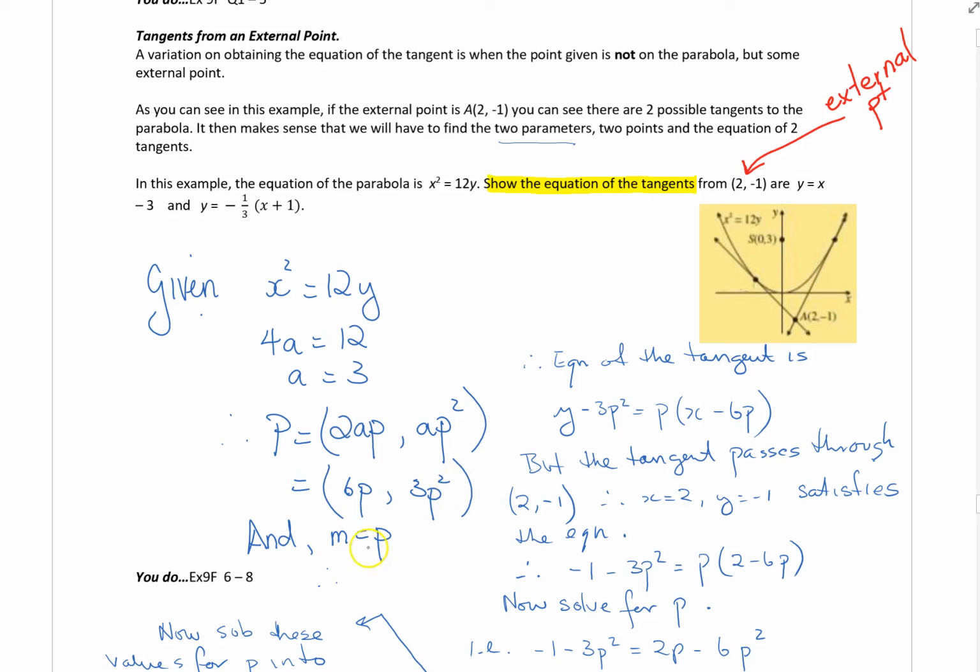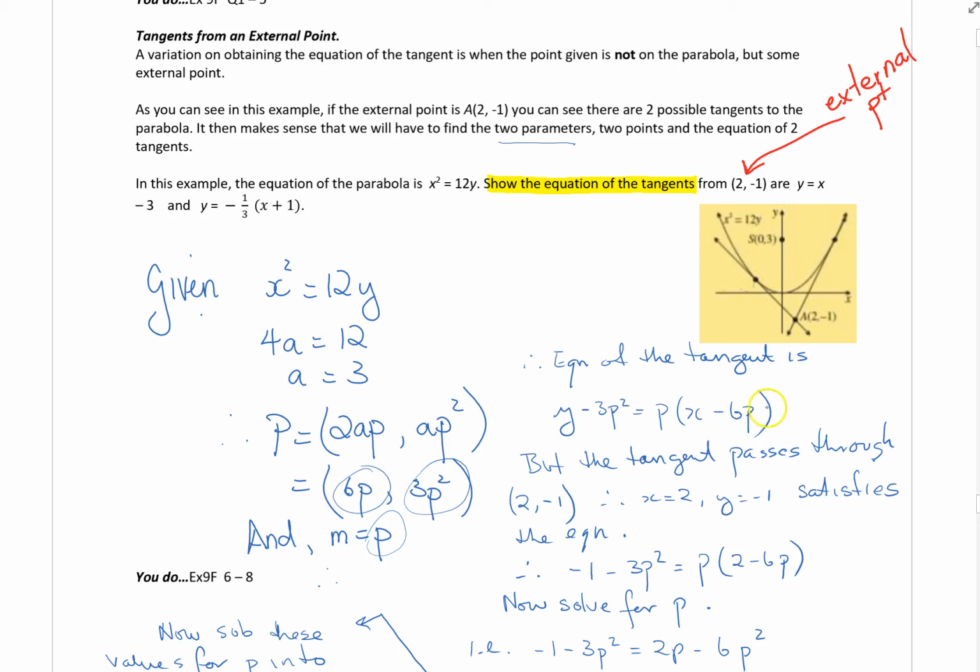We know that the gradient of the tangent is always the value of the parameter. We found that previously. Therefore, the equation of the tangent, using point gradient, is y minus y1 is m, which is p, times x minus x1.